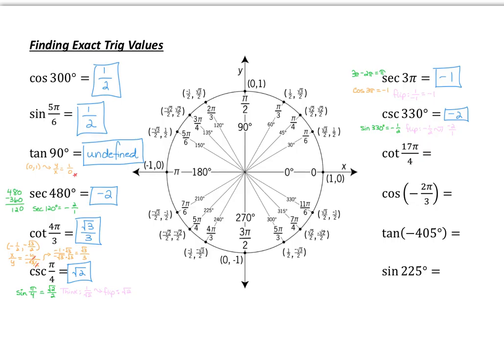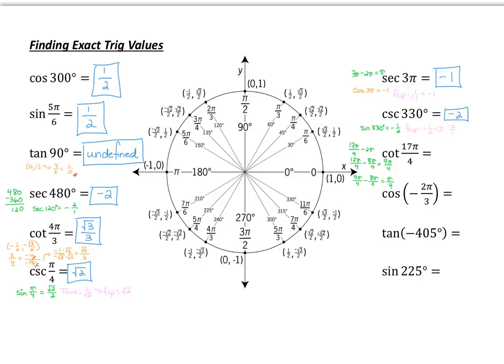17 pi over 4 is greater than 2 pi, so I'm going to subtract. 17 pi over 4 minus 2 pi. 2 pi is going to become 8 pi over 4. 17 minus 8 is 9. So 9 pi over 4 is still bigger than 2 pi. So 9 pi over 4 minus 8 pi over 4 is 1 pi over 4.